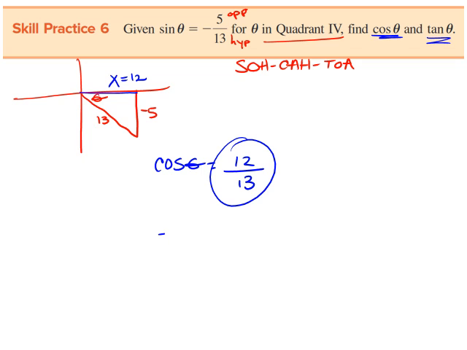Finally, let's find tangent. Tangent of theta is the opposite over the adjacent. In quadrant 4, tangent is negative. Boom, we're done. As you can see, this is quite a bit faster than using a fundamental identity. This concludes the material for section 4.4.